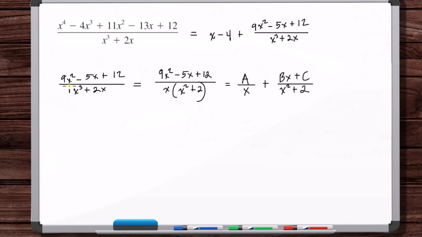And to do this, we clear the fractions. First step is to clear the fractions. Multiply by the least common denominator.